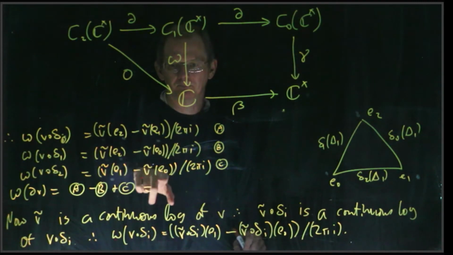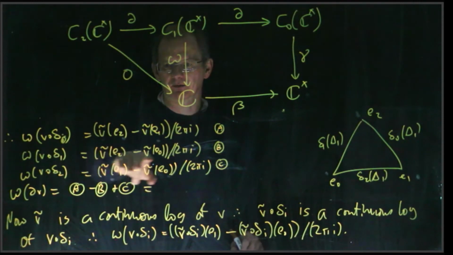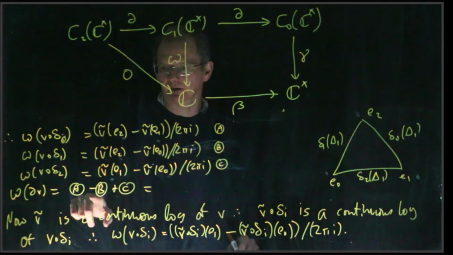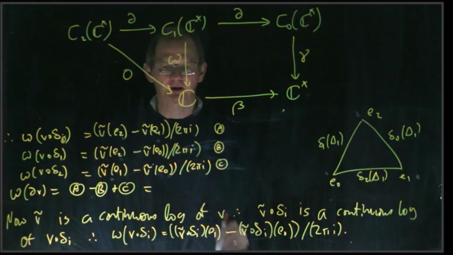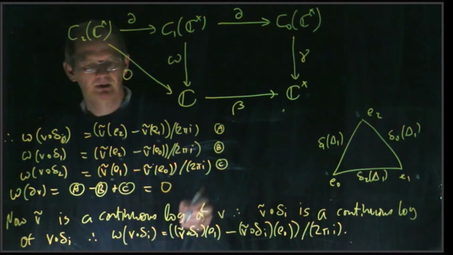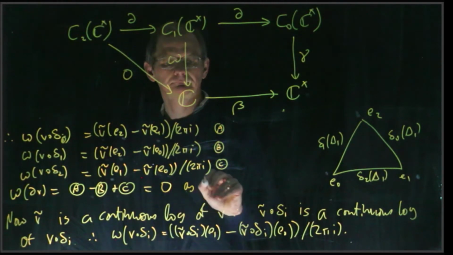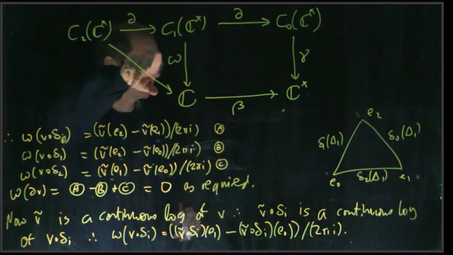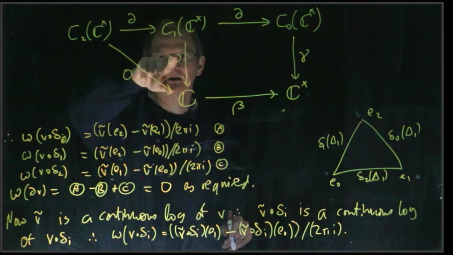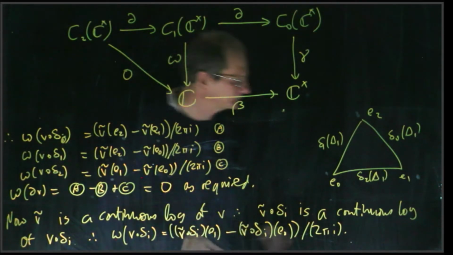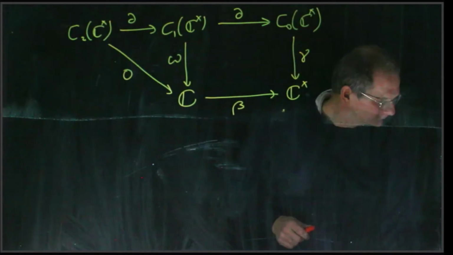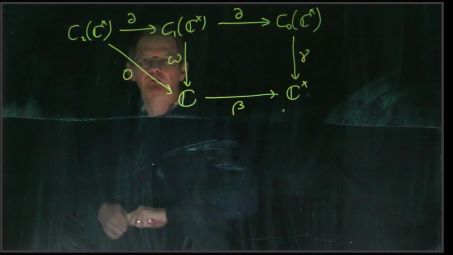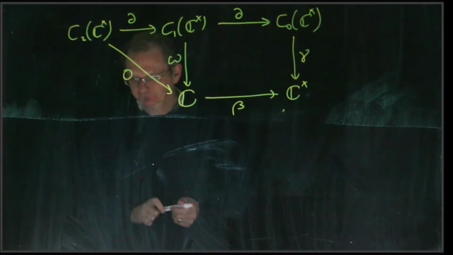And then minus v tilde E0 here, and this one comes with an extra minus sign, so that term cancels out as well. So you just get 0, as required. This is showing us this triangle commutes, as I said, omega composed with d is 0. Okay, so now we've got this commutative diagram here.